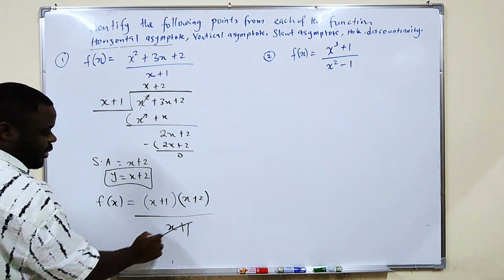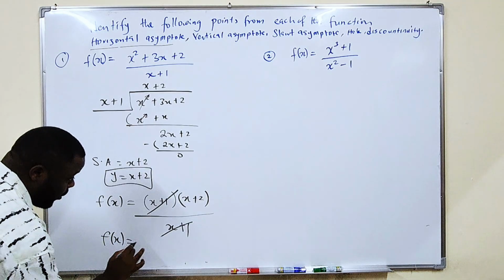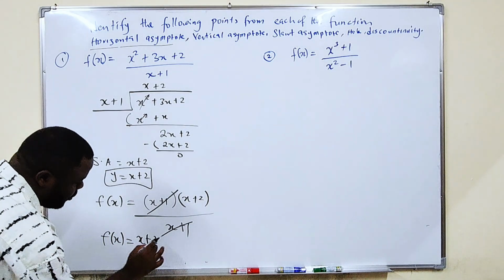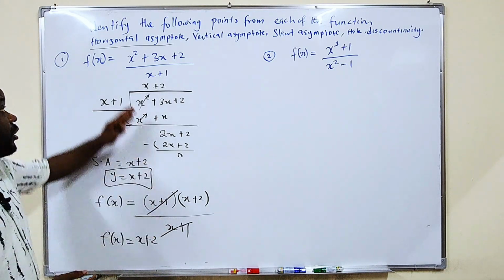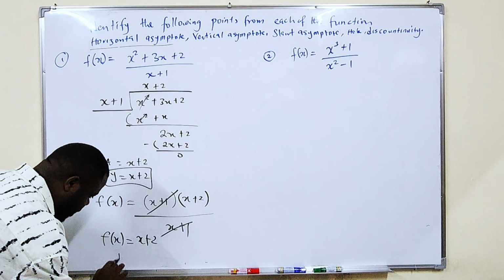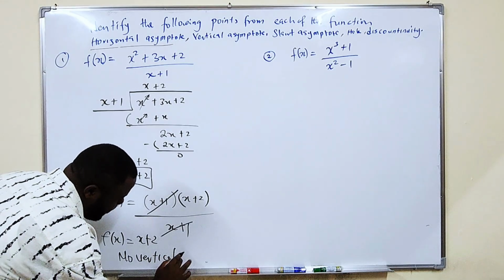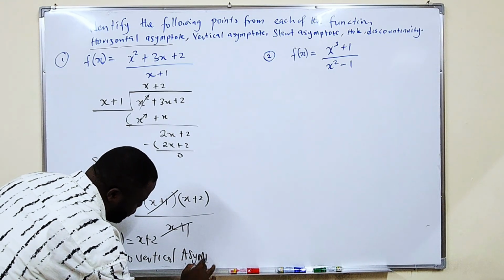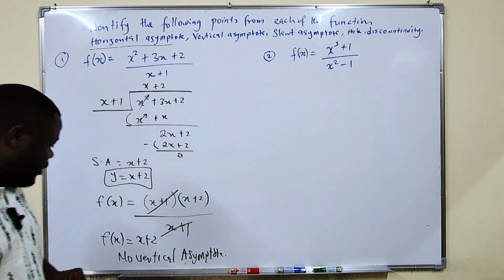So this can cancel out this. So f of x will now be equal to x plus 2. You can see that we don't have any denominator again when we factored the original function. Because you don't have any denominator, you now say no vertical asymptotes, right?